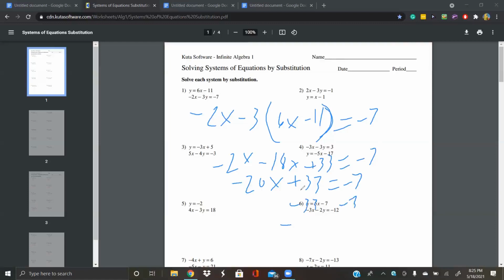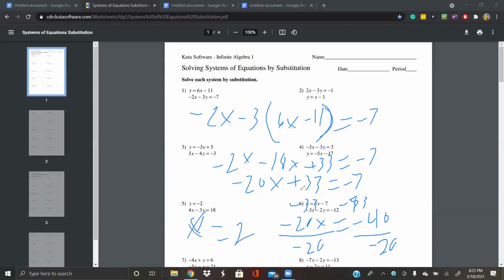That leaves us with negative 20x equals negative 40. Then we divide by negative 20 on both sides, which leaves us with x equals 2.